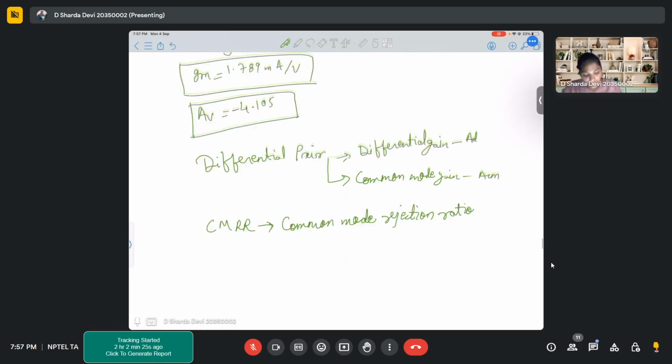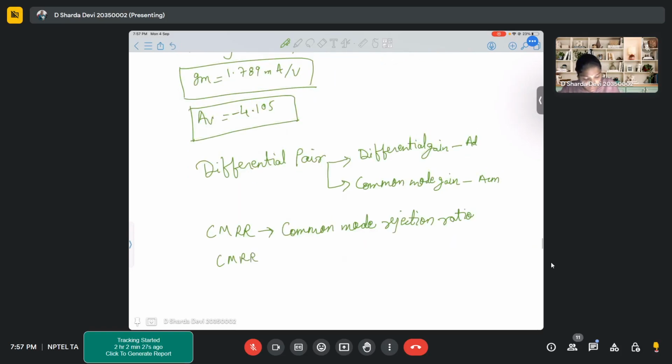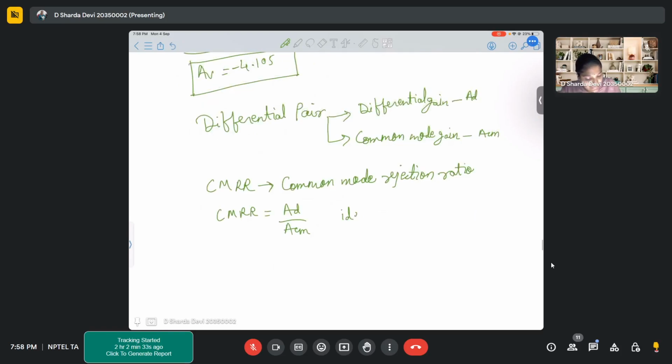Okay. So CMRR is denoted as AD by ACM. Ideally, it should be infinite, considering your ACM is 0. But practically, it is very high.